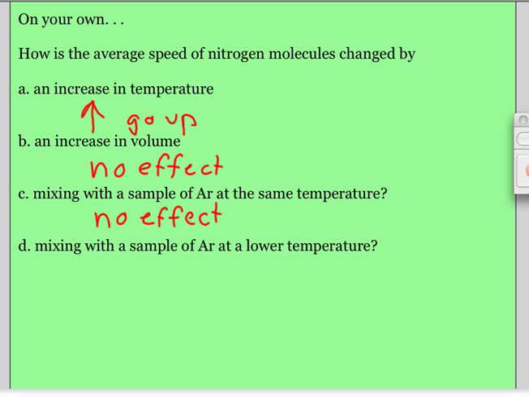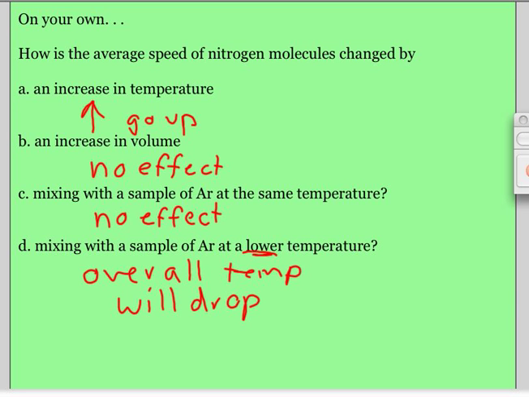D, if we mix it with argon but now it's at a lower temperature, that means overall temp will drop, which means the speed should decrease. So again, you have to think of this. It's not something that's just a fact. You have to think. And that is it.